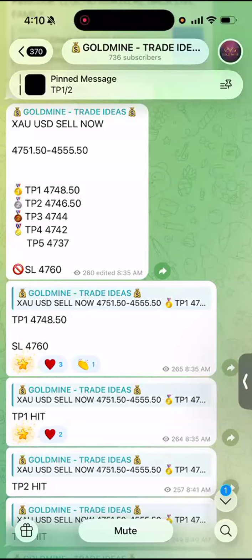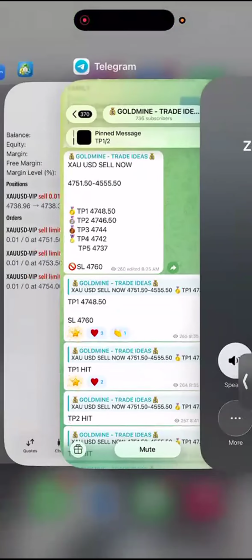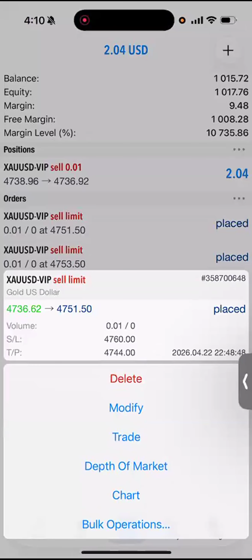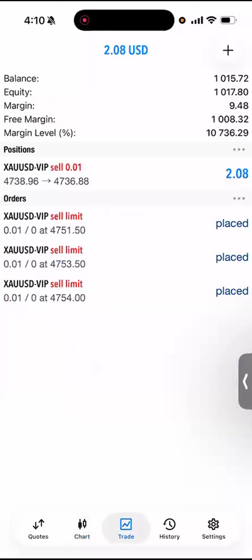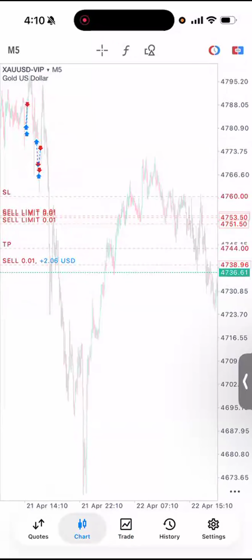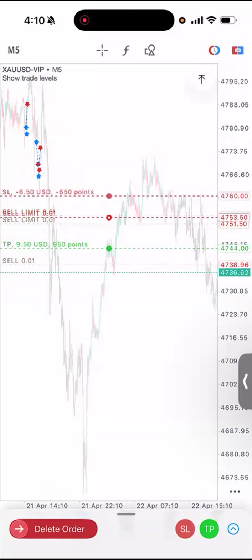Okay, I came here now and I see that I'm risking $6. Can you see that I'm making $9? That means this trade is 1 ratio 1.3. That means I'm making more than what I'm losing.